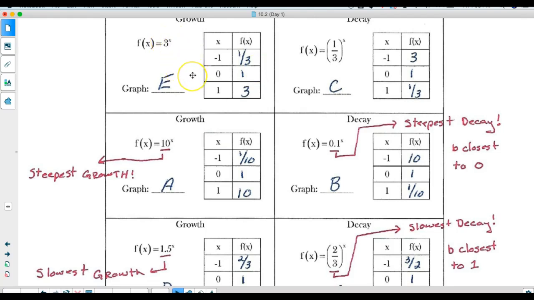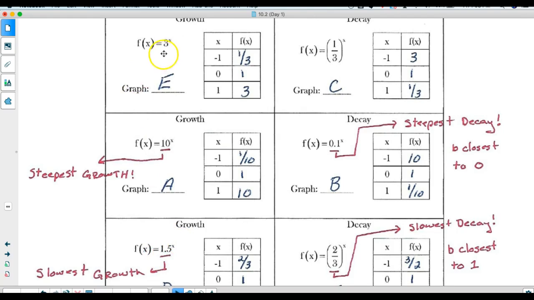Looking at 3 to the x, 10 to the x, and 1.5 to the x, for the steepest growth, notice that 10 is the biggest number, therefore it's going to be the fastest growing, because when I raise 10 to powers, it grows faster than when I raise 3 to a power, which is even faster than when I take 1.5 and raise it to a power.